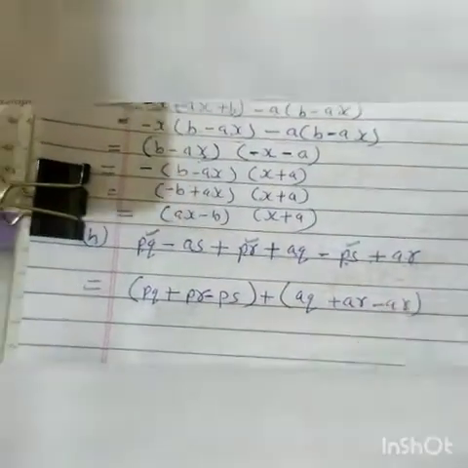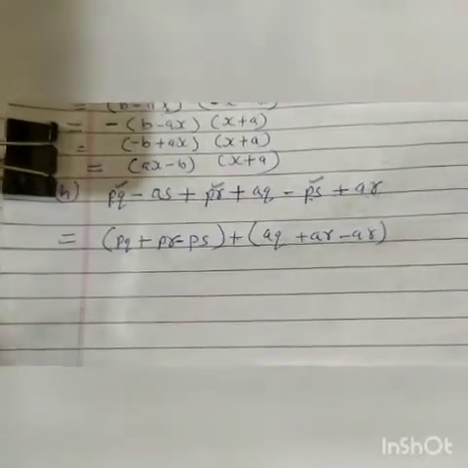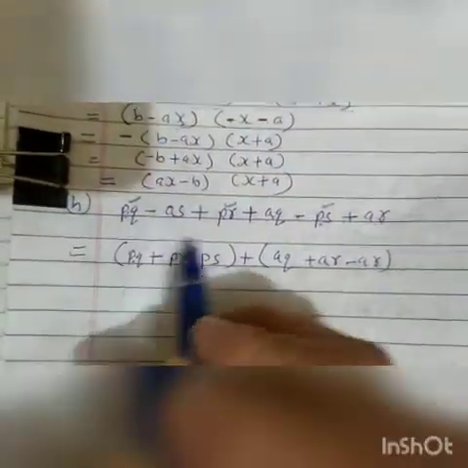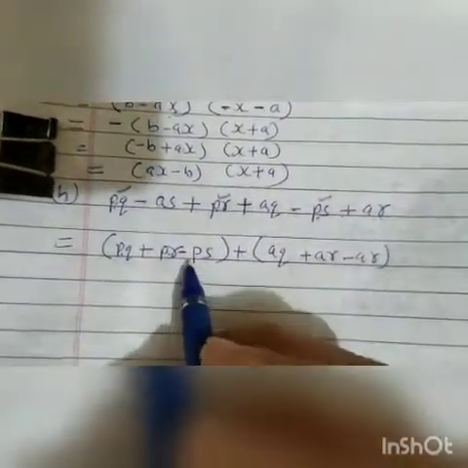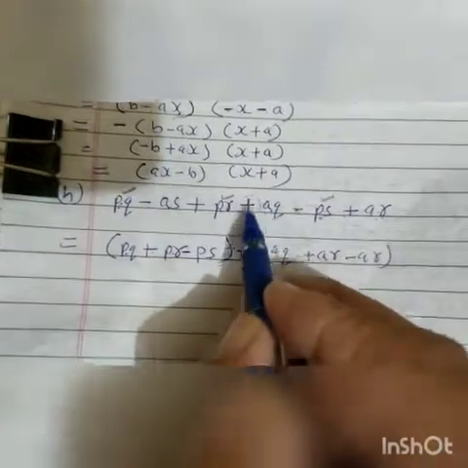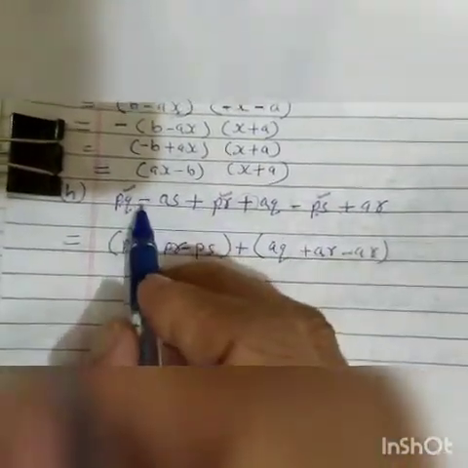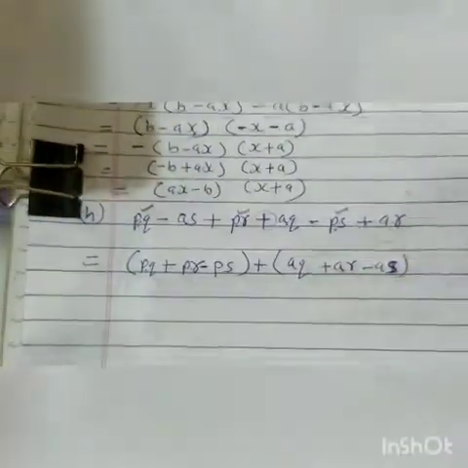Students, see, I have not written any extra sign or any extra term. All are from the given question: pq, then plus pr, then minus ps, then plus aq plus ar minus as. All terms are here.